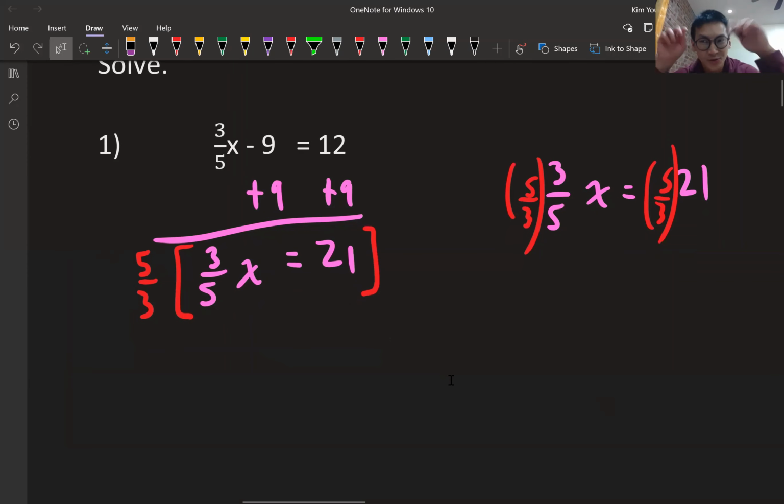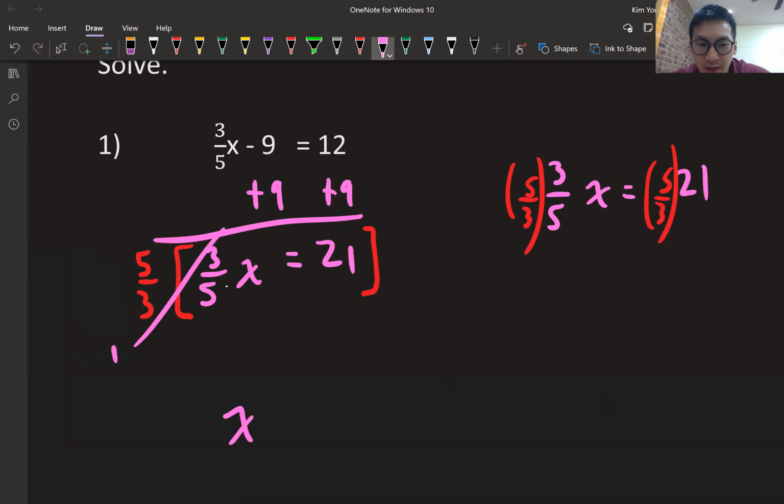Now you can use this bootleg distributive property, which literally means just distribute to both sides. So 5/3 times 3/5 is going to cancel out and turn to 1. So that goes away, and it's going to be 1x, and 1x is the same as saying x.